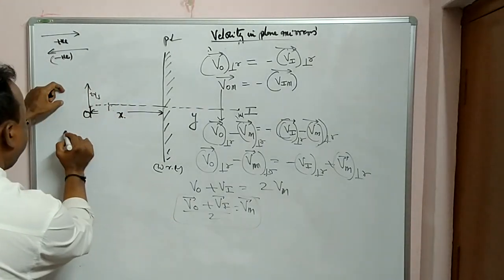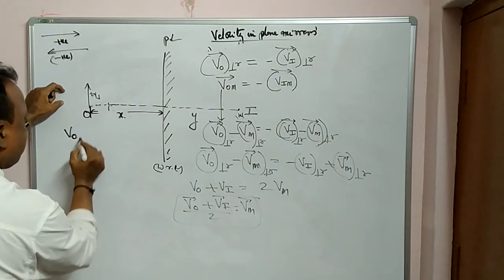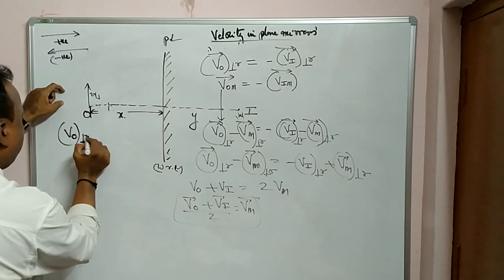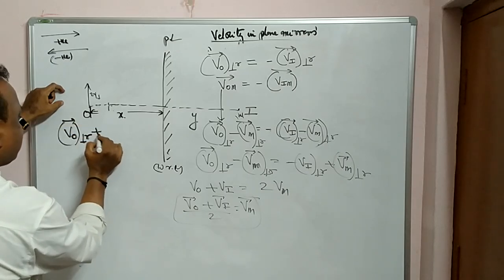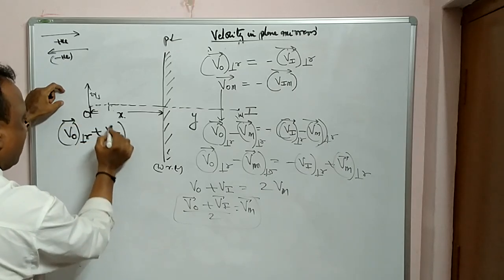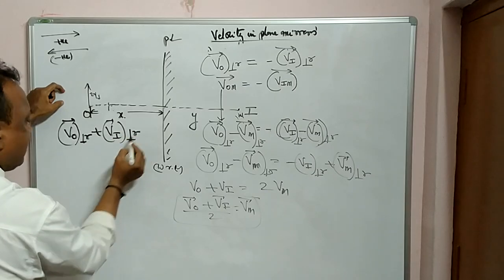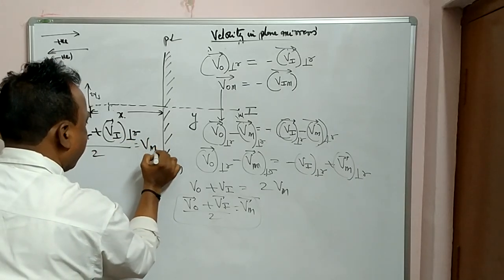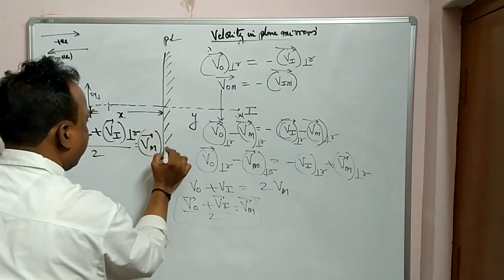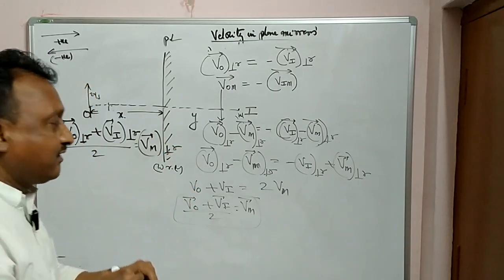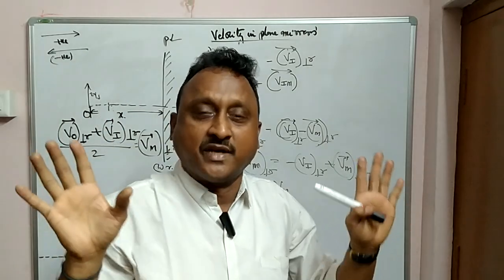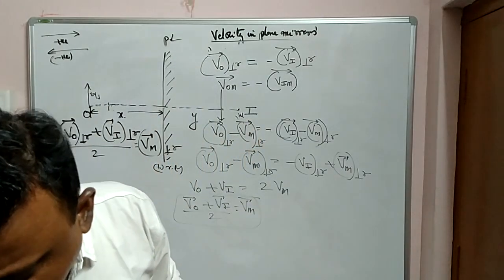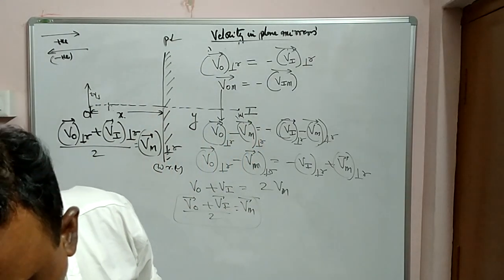So the final formula I got is the velocity of the object, of course perpendicular, plus the velocity of the image, of course perpendicular, by 2 is equal to the velocity of the mirror perpendicular. This formula is very much important in solving numerical problems. Clear? And this is very important.